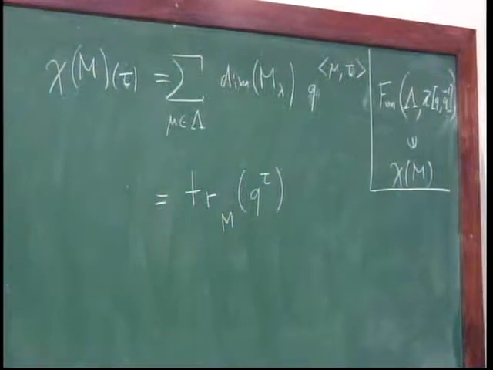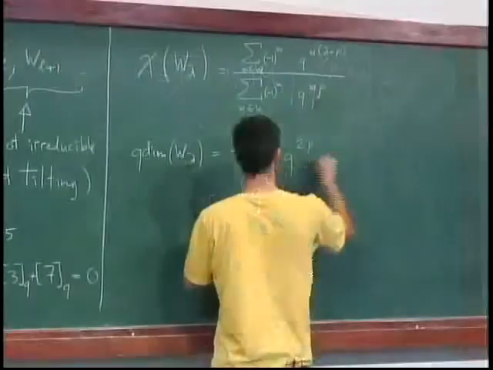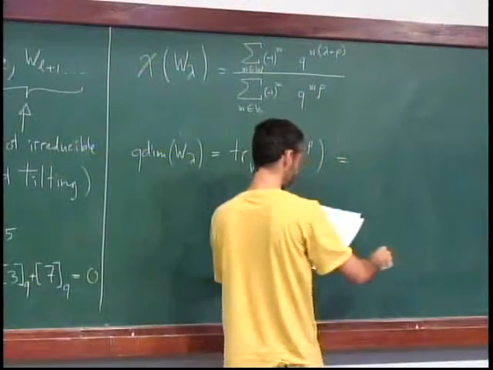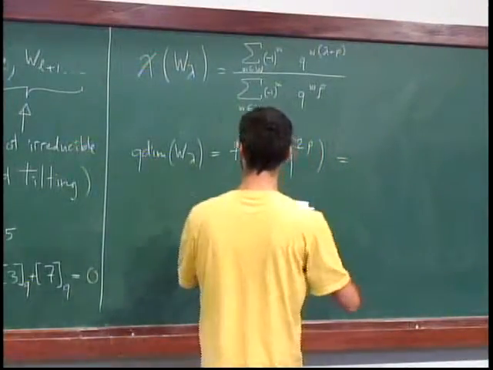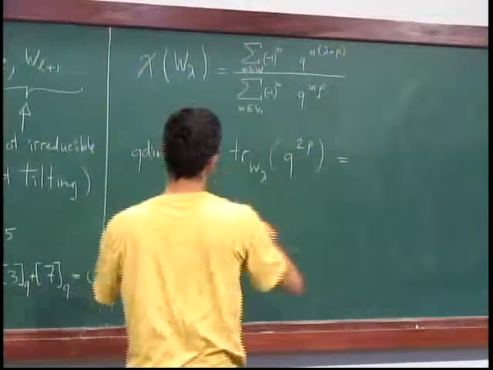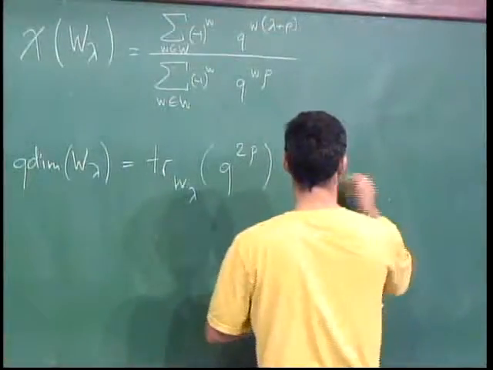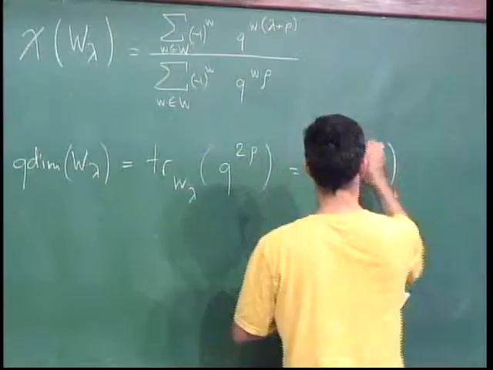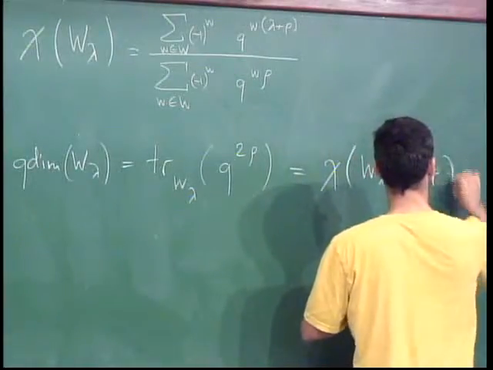The quantum dimension, going back to this, is the trace on W lambda of q to the 2 rho. And that's the same thing as the value of that function at the point 2 rho.